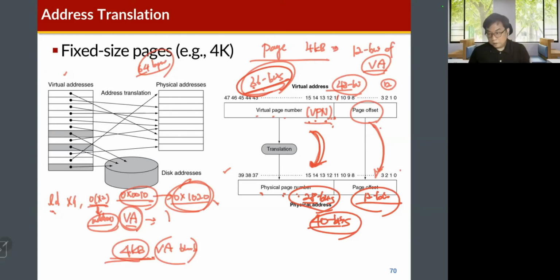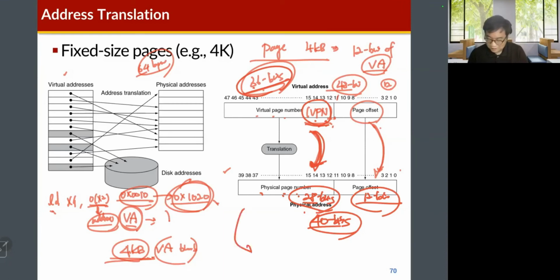Software does not consider the real size of the physical memory. Software just accesses the virtual memory space. But this VPN is translated into the PPN, which has a smaller number of bits, like 28 bits. It is because the real physical memory size is smaller.